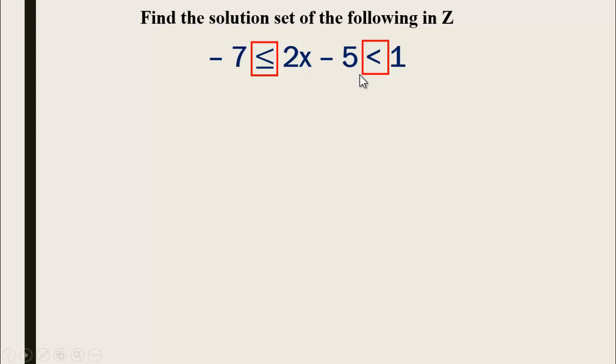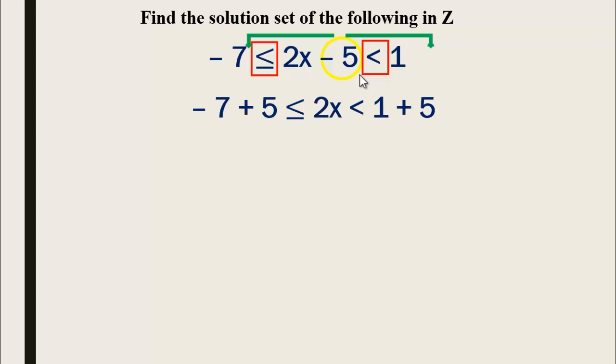We said that first we are going to move the subtraction or the addition. So negative 5, I'm going to move it, but in which direction? Beside negative 7 or beside the 1? I'm going to move it in both directions. Negative 7 plus 5 less than or equal to 2x, and on the other side is 1 plus 5.